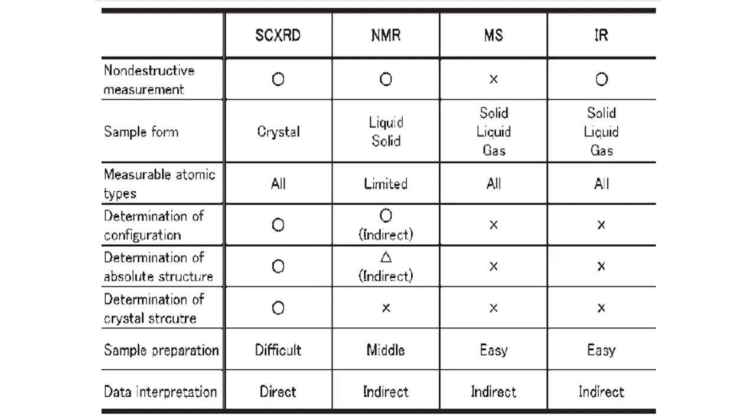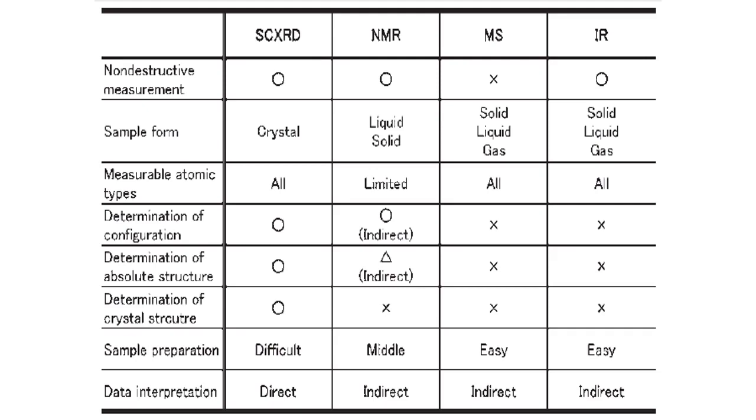In NMR that is limited to some. In MS all the atomic types can be measured, and in IR also. Determination of configuration: we can determine the configuration of the structure in single crystal XRD, but in NMR we determine the configuration indirectly but not directly, and by MS and IR we cannot determine the configuration.